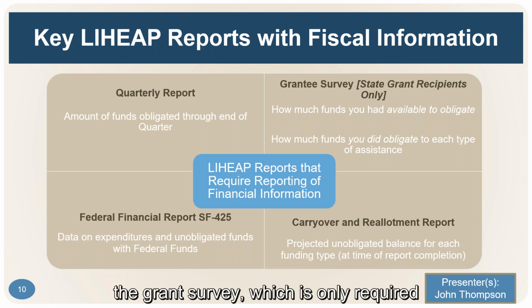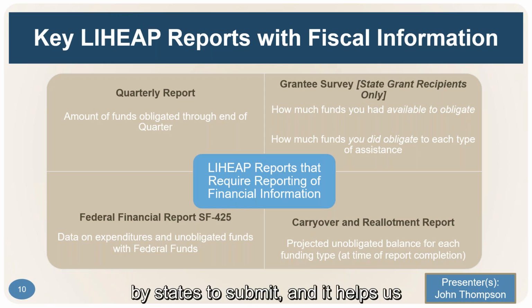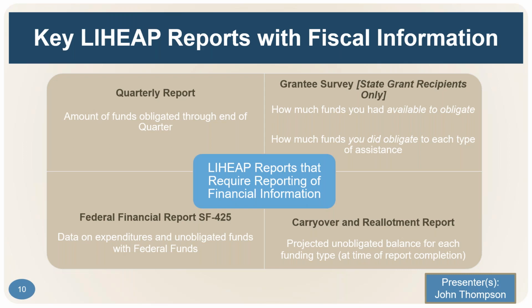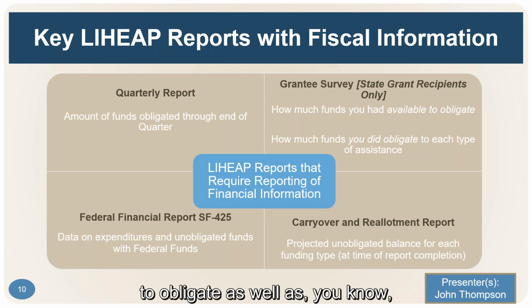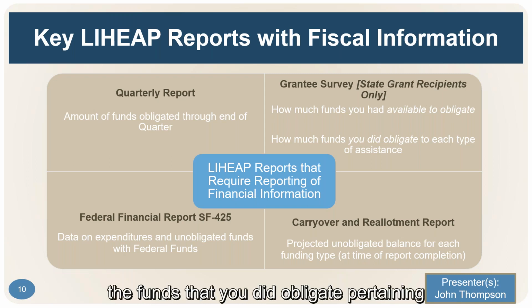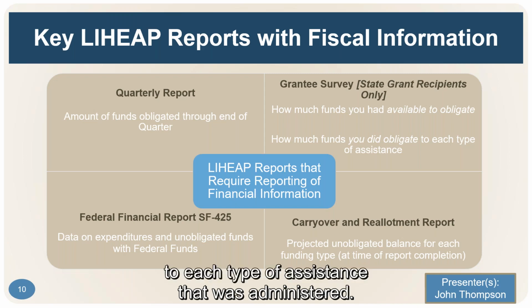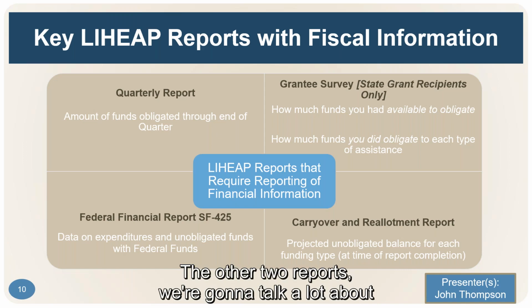The grant survey, which is only required of states, helps us to see how much funds you have available to obligate, as well as the funds that you did obligate pertaining to each type of assistance that was administered.